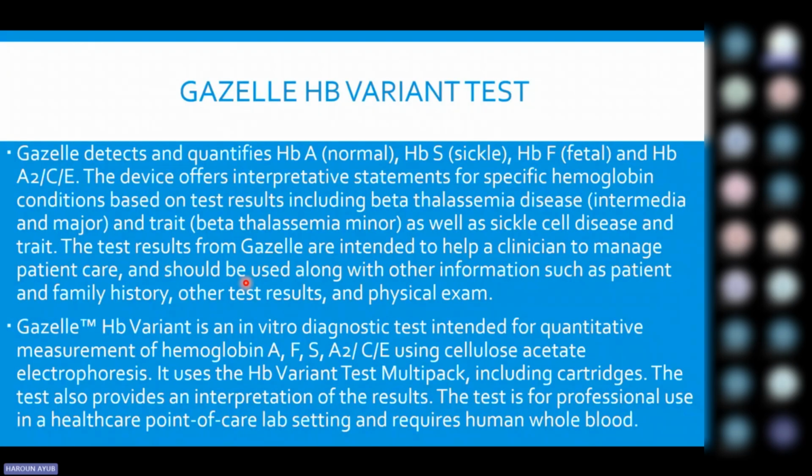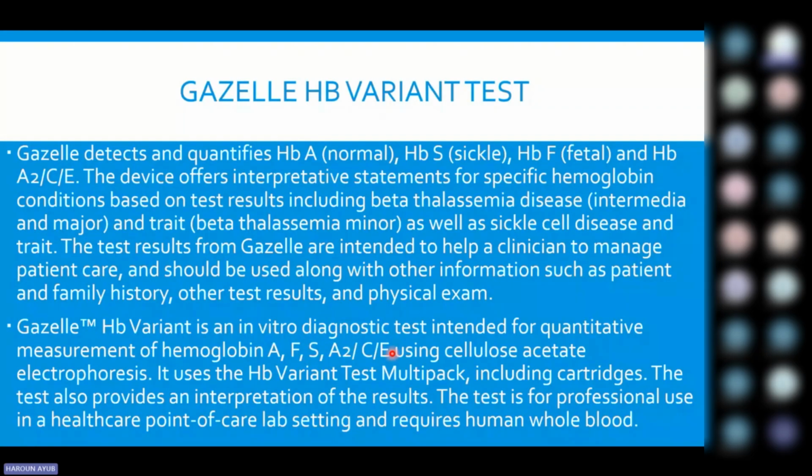So the HB variant test for Gazelle is an IVD test for quantitative measurements of A, F, S, A2, C, and E using cellulose acetate electrophoresis. It uses the HB variant test multipack, including the cartridges that then provide the interpretive results. So you'll find that A will be represented as a percentage, F will be represented as a percentage as well, S will also be represented as a percentage.